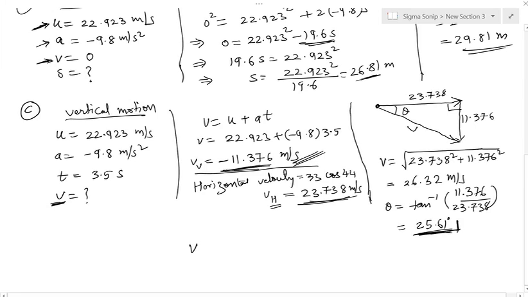So we add: at 3.5 seconds, the velocity is 26.32 meters per second, 25.61 degrees below the horizontal. That completes our part C.